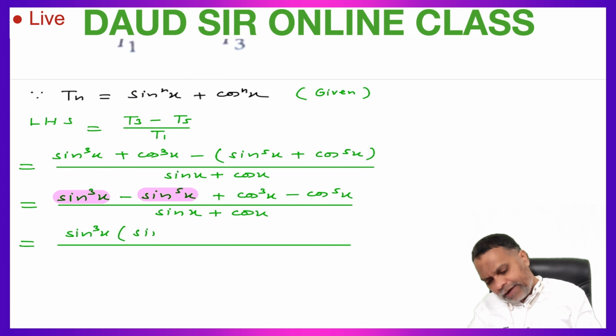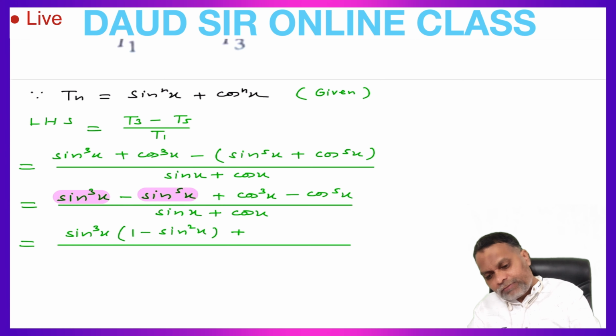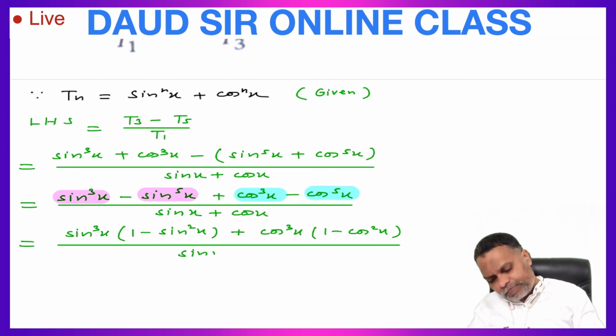Here sin x is left, here 1 left minus sin square x left, plus from these two terms take out cos cube x common, so here 1 minus cos square x left, upon sin x plus cos x.